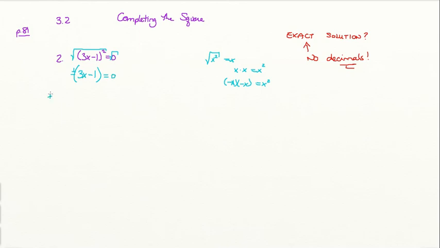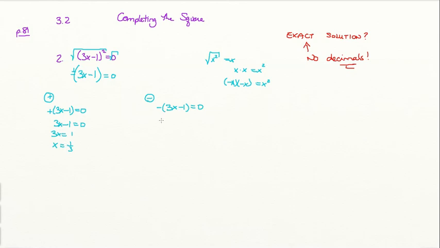So let's start off with our positive. We have positive 3x minus 1 equals 0. And we are going to also do a negative, so we're just going to write it over here so I don't forget about it. So negative 3x minus 1 equals 0. Let's do our positive one first. So 3x minus 1 equals 0. x equals 1/3.